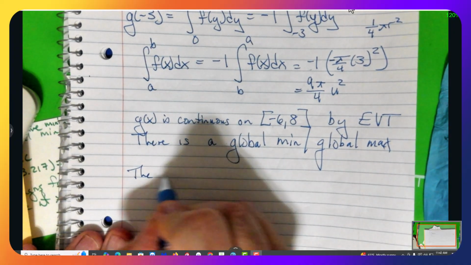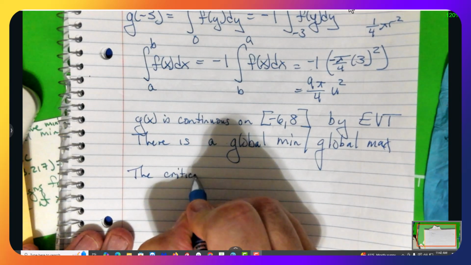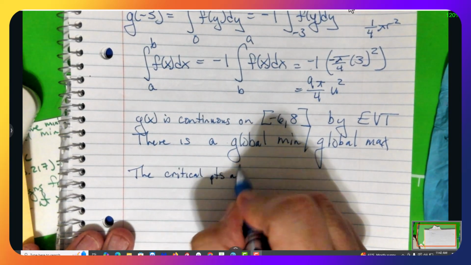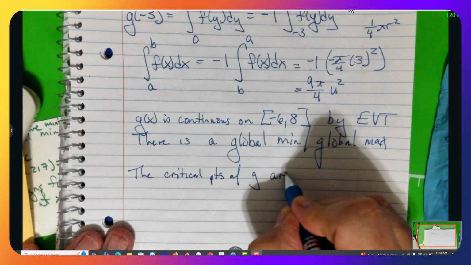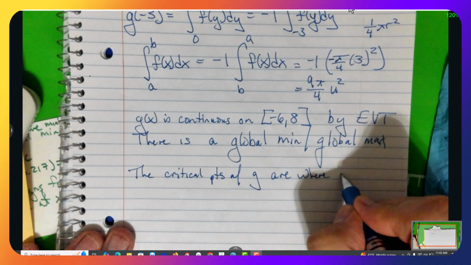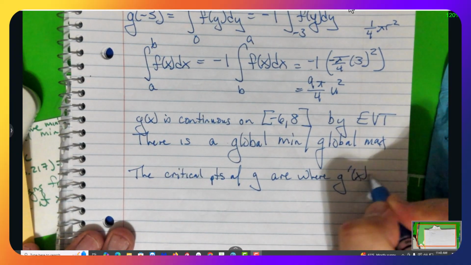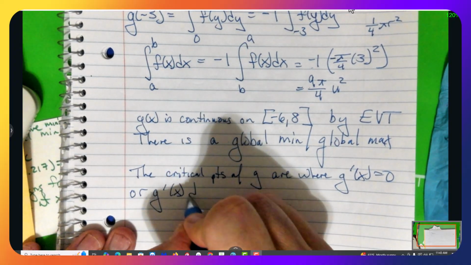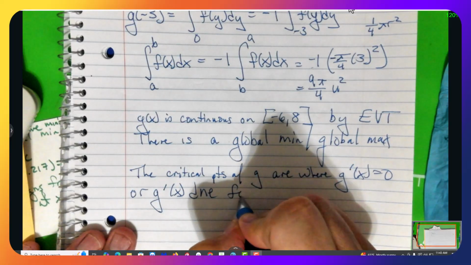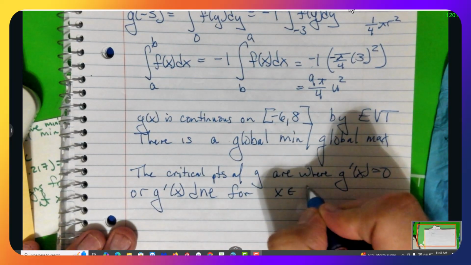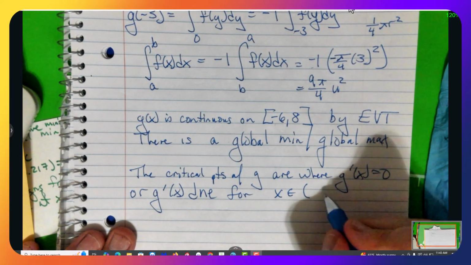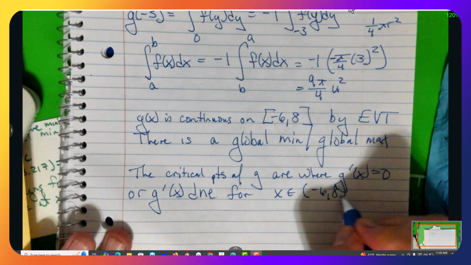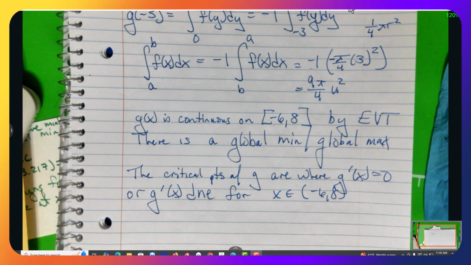So the critical points of g are where, now in our case, g prime of x is 0, or g prime of x does not exist, and we're going to look at the open interval. And I can hear some kids say, but Mr. Wright, wait 1 second. You don't need to worry about the endpoints because they're already candidates. They're endpoints.